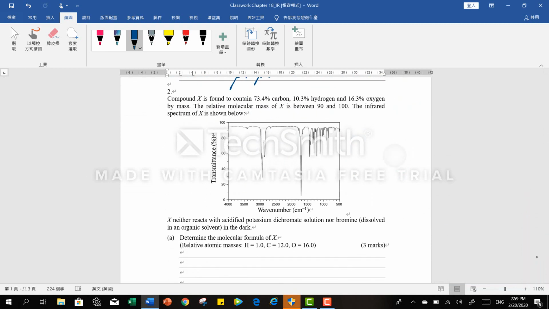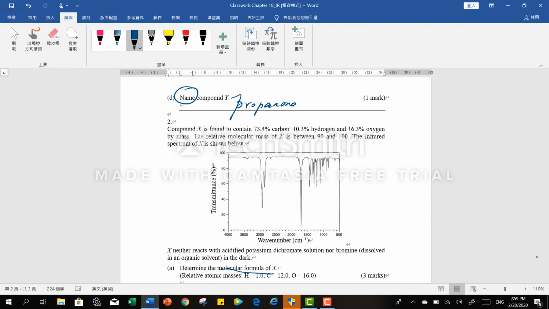Okay, we still have some time. Let's just look at this one. Molecular formula again, let's just work it out.